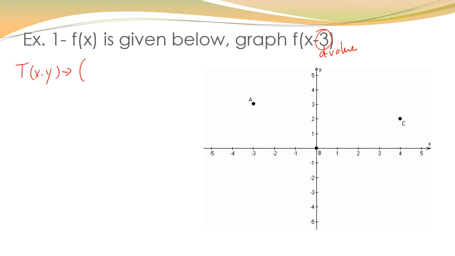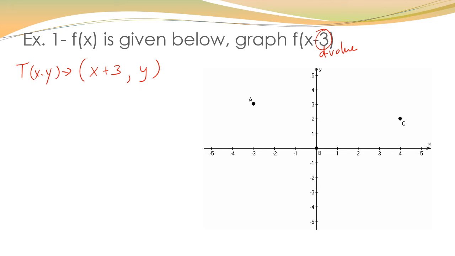And now we're going to make our mapping rules. Now remember, it's x minus. So that means it moves to the right, because really that means the d value is positive. So that is x plus 3. And then we have no a or c, so y is unchanged.